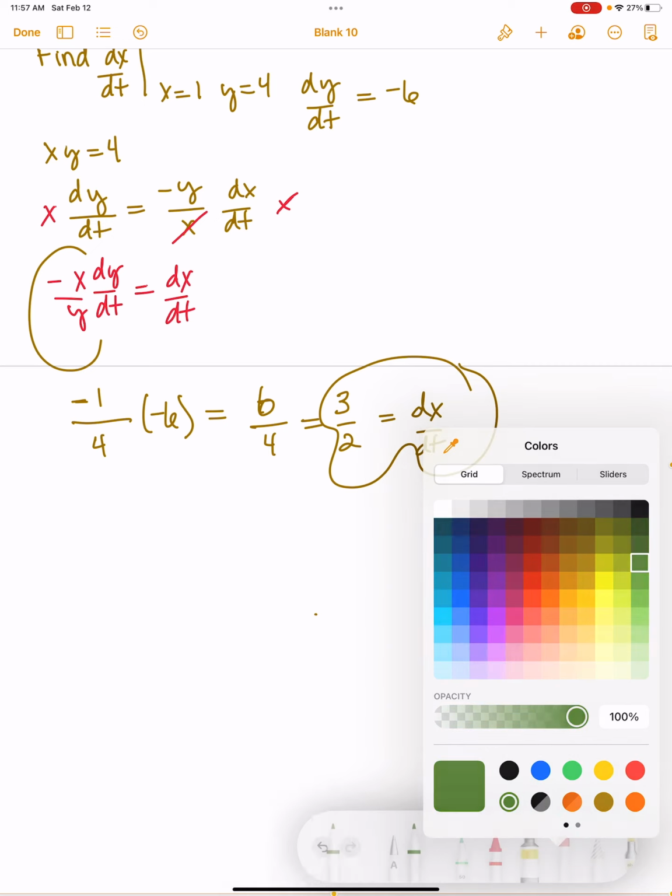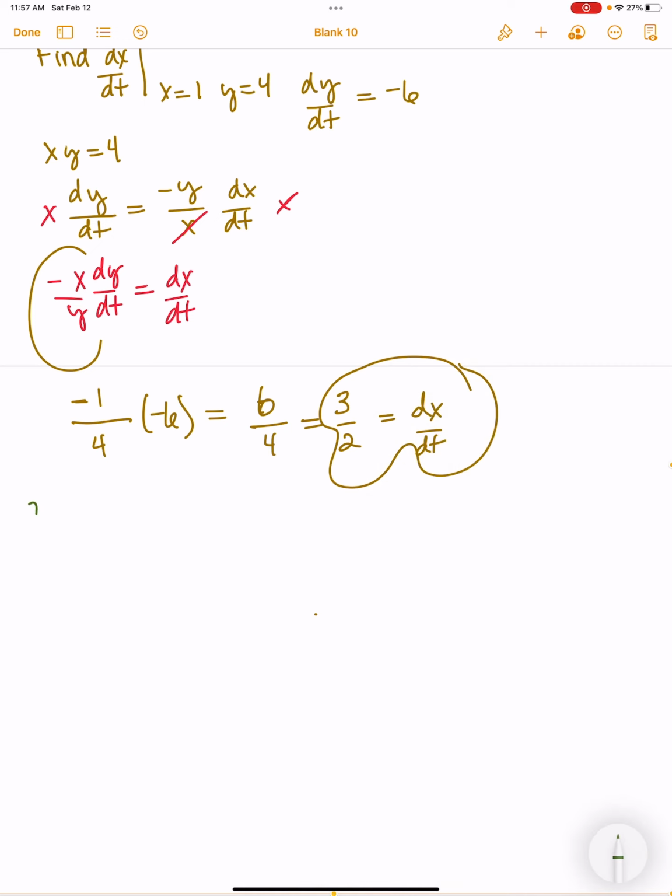Okay, let's do another one. Let's do green. So we'll say a point is moving along the graph. Feel free to fast forward through this writing part if you need to.